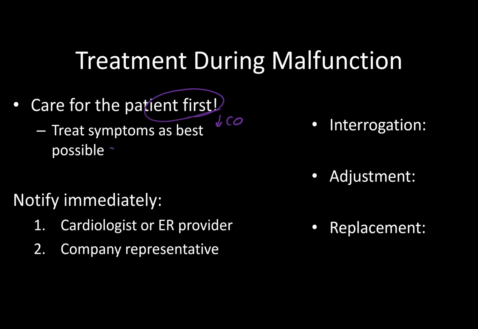If you know that there's been a rhythm change in the underlying rhythm, that may be part of the problem. If their rhythm changed to something new, that could have been the cause for these new malfunctions. Ultimately, when a pacemaker does malfunction, treatment is directed at the patient and the underlying rhythm.